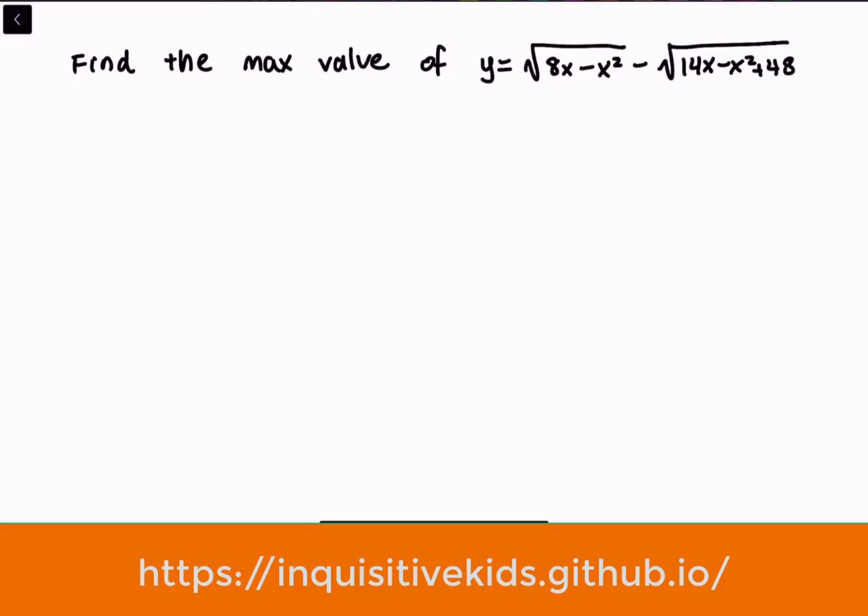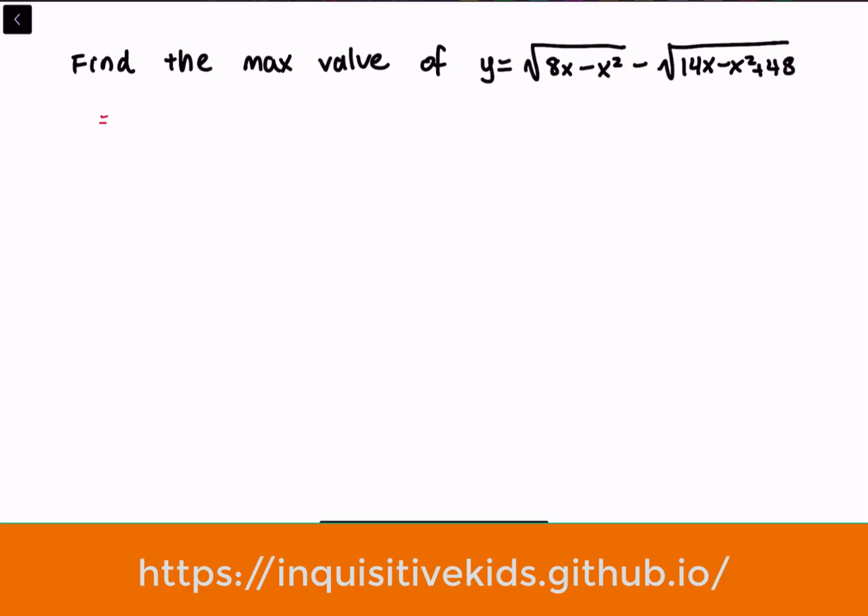Now let's find the maximum value of this function. We can see we have one square root being subtracted from another. And we see that the parts under the square root look like they can be factored further. So why don't we factor the inside of the square root first?